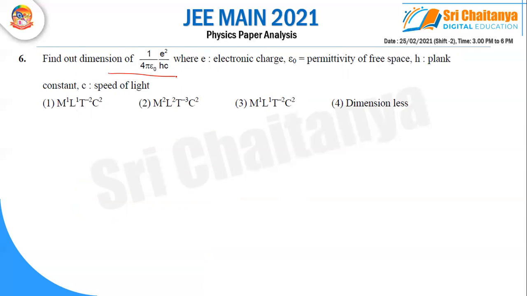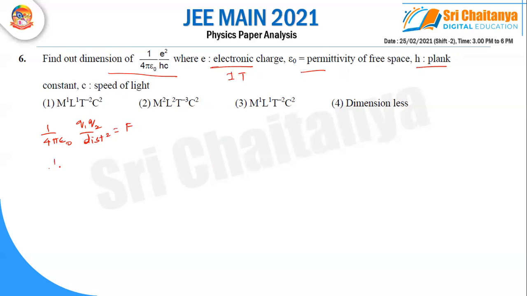Find the dimensions of this expression where e is the charge, so Q is IT, and epsilon naught is the permittivity of free space. 1 by 4 pi epsilon naught times Q1 Q2 by distance square is equal to force.